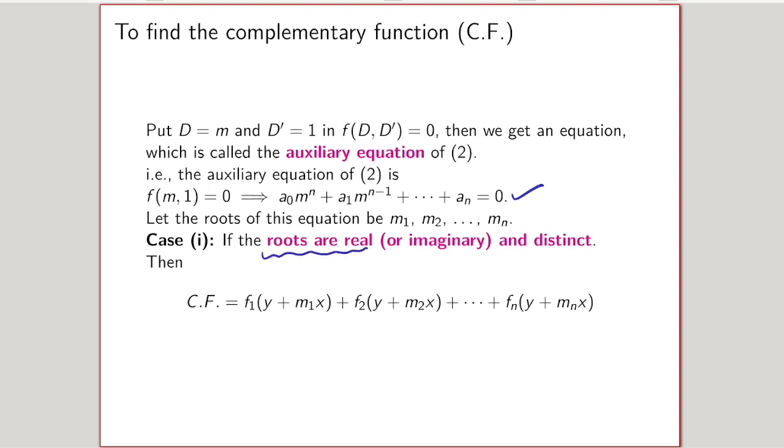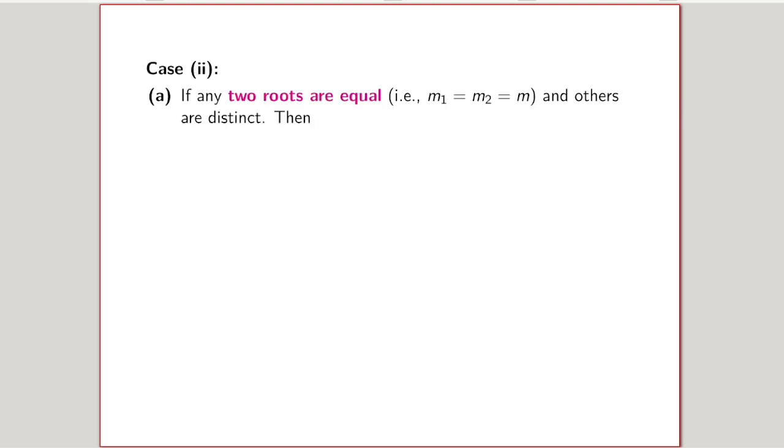Here there is no need to differentiate between real and complex numbers; either it is real or complex. If the roots are distinct, we can straight away write it as f1(y + m1x) + f2(y + m2x) + ... + fn(y + mnx).